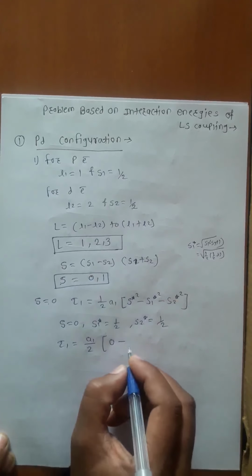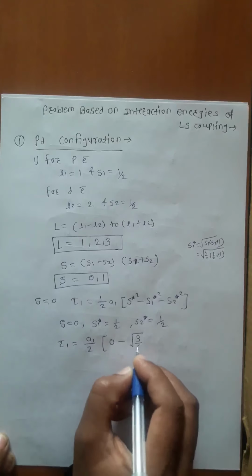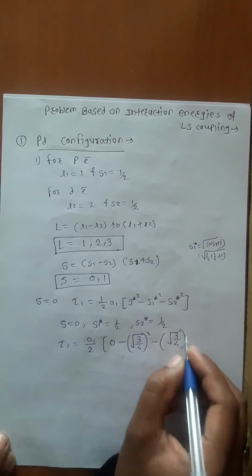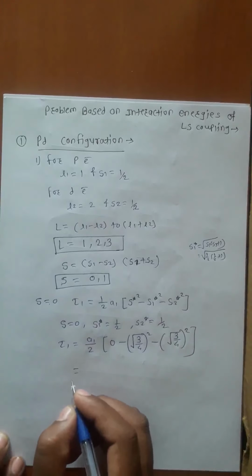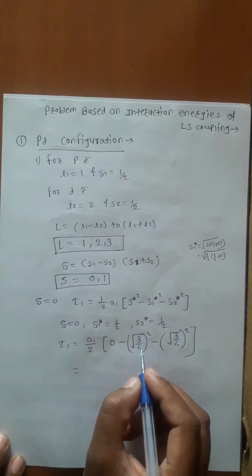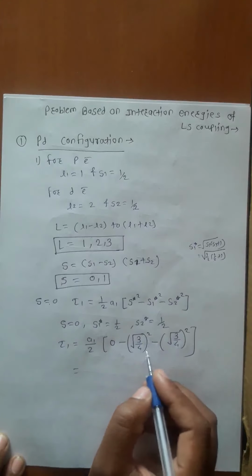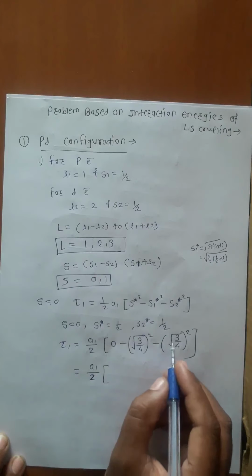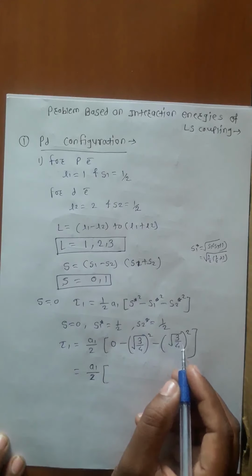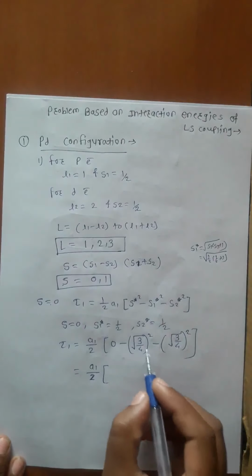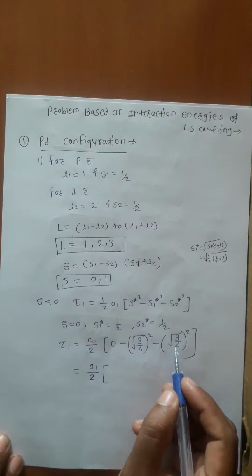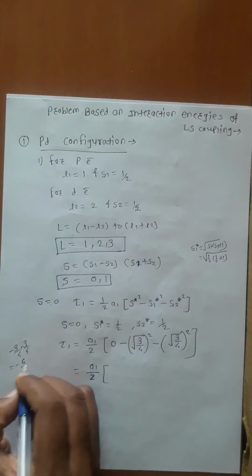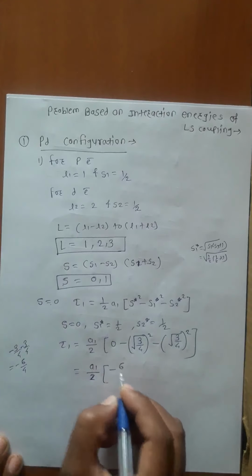So S1 star is root 3 by 4 squared, and minus S2 star is also root 3 by 4 squared. Therefore we get A1 by 2 into minus root 3 by 4 squared minus root 3 by 4 squared, which is minus 3 by 4 minus 3 by 4, minus 6 by 4.